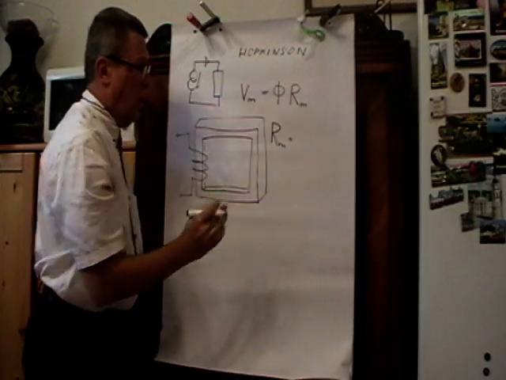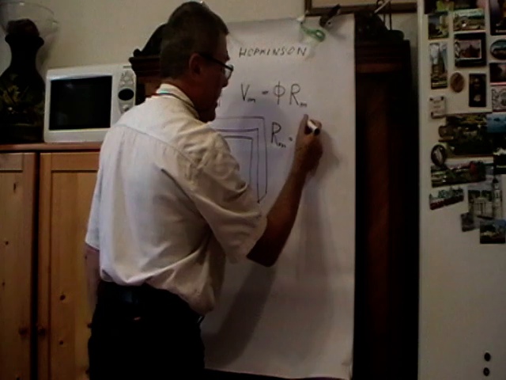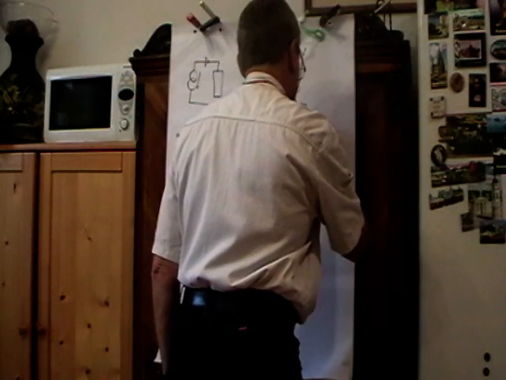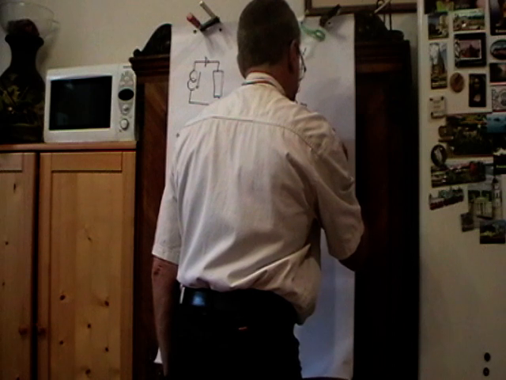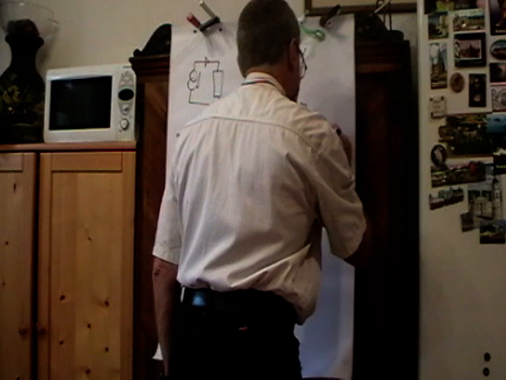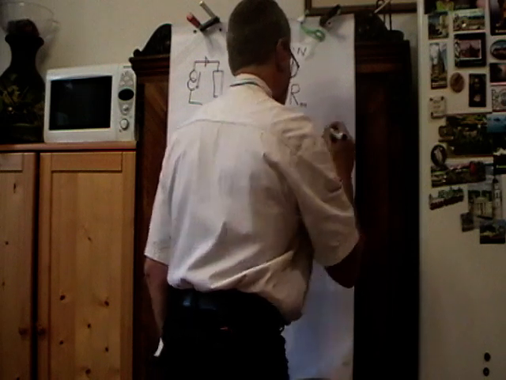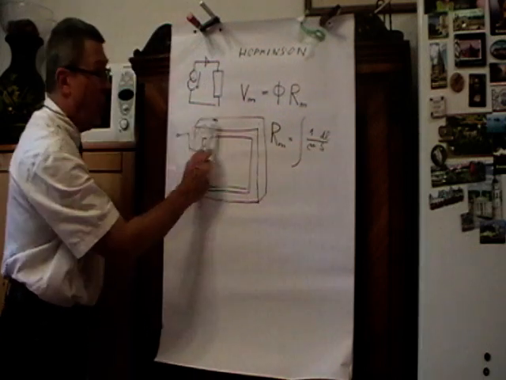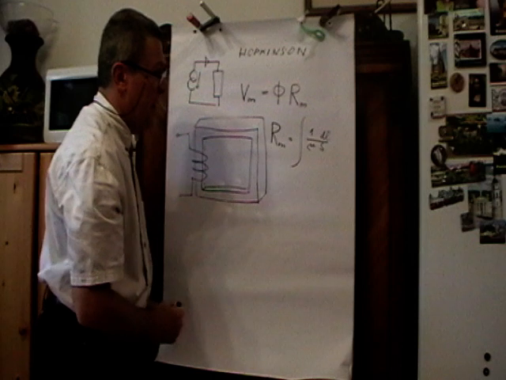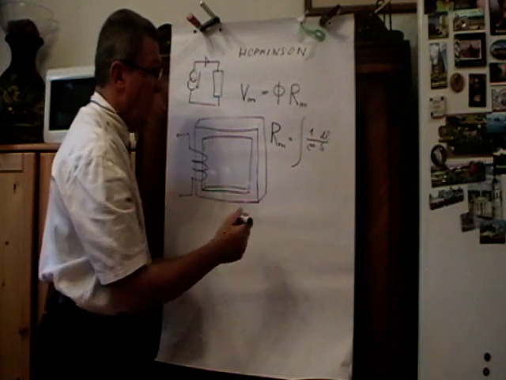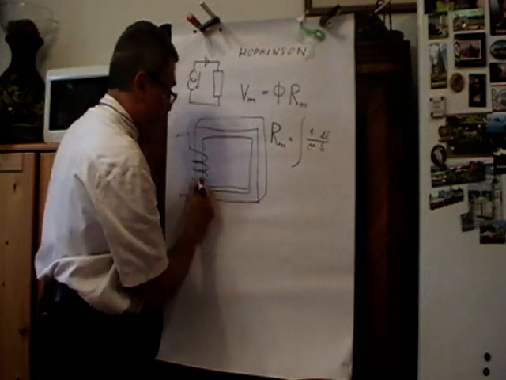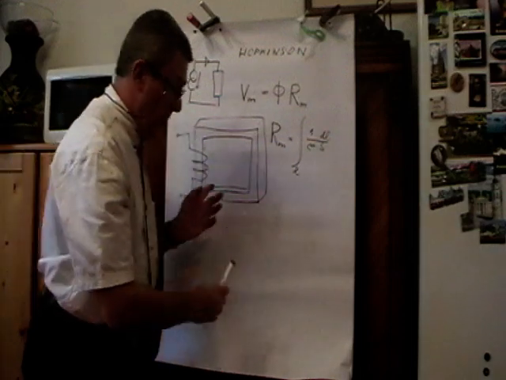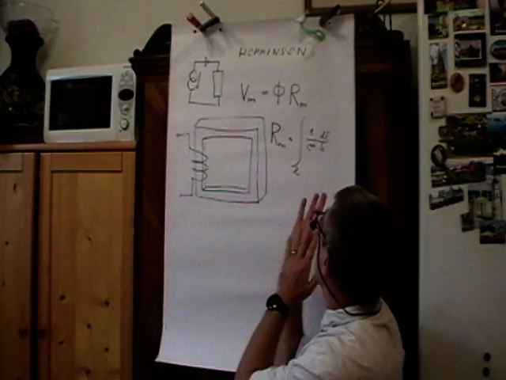You can define it from Hopkinson's law, but as a matter of calculation you would get it as an integral of 1 over mu S dl, where mu is the permeability of the material of the core, S is the cross section, and L is the total length of the circuit, and you integrate over an element of length. Well, this is an integral definition.